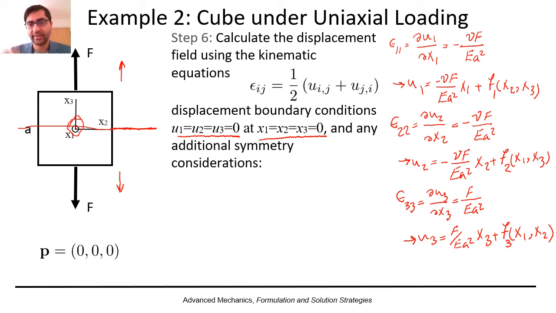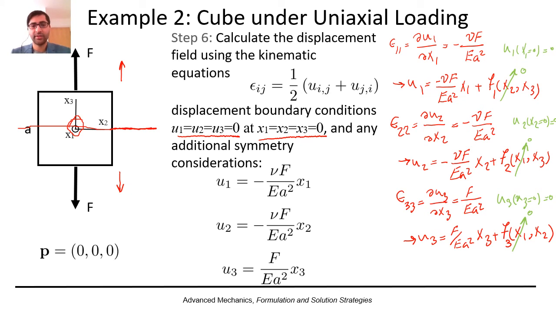That says that this term f1 is 0, because u1 at x1 equal to 0 is 0. This one is 0 as well because again u2 at x2 equal to 0 is 0. And f3 is 0 again because u3 at x3 equal to 0 is 0.